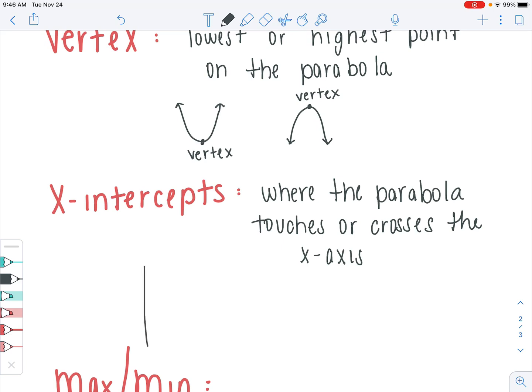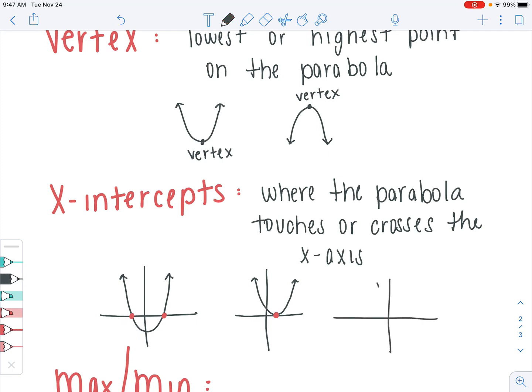You can have a standard parabola where you're going to have 2 x-intercepts. You can have a parabola that just sits on the x-axis, in which case you're only going to have 1 x-intercept. Or you can have a parabola that's floating above the x-axis or down below it, and this doesn't have any x-intercepts because it doesn't touch the x-axis at all. So you could have none, you could have 1, or you could have 2.